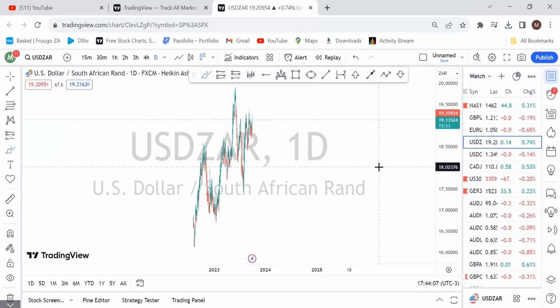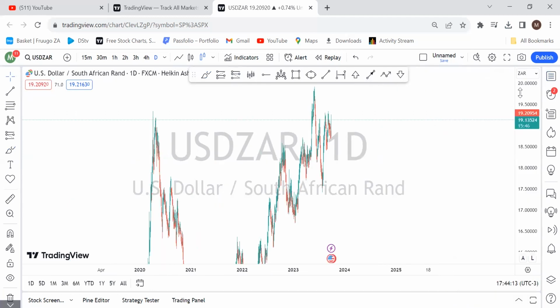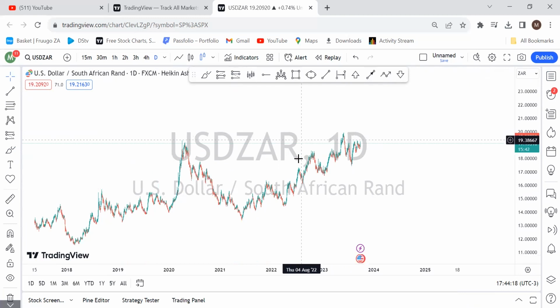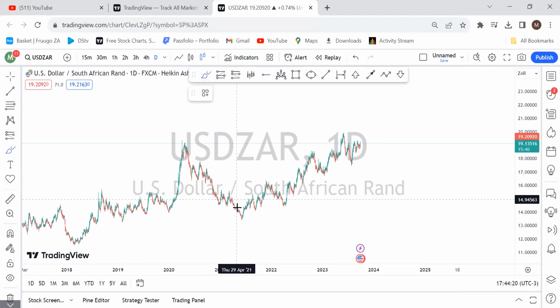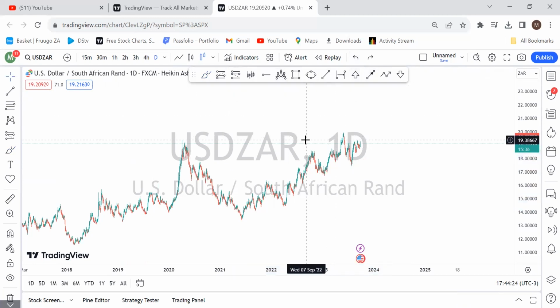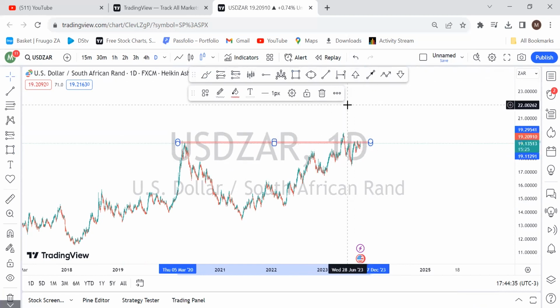And the next pair, we have the dollar against the South African rand. Yeah, this one is a bit interesting. Upwards movement, uptrend. You can see we actually broke this previous high just ever so slightly, and then the price went back inside it.